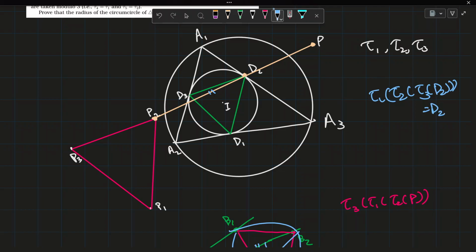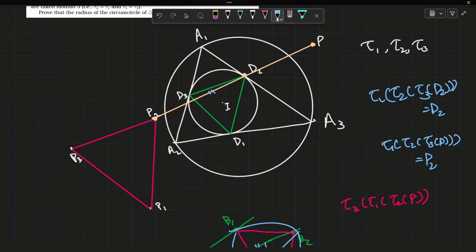Okay, point D2 will remain fixed at D2, and hence consider what happens to the point P2. Suppose we write tau 1 of tau 2 of tau 3 of P is equal to P2.